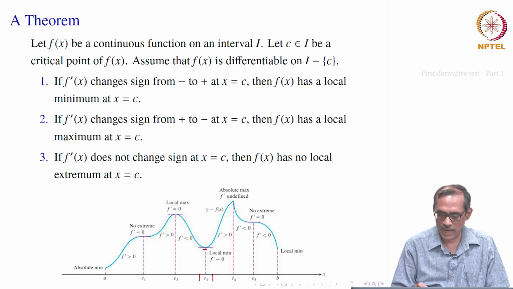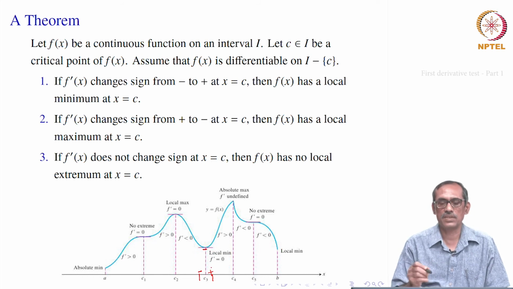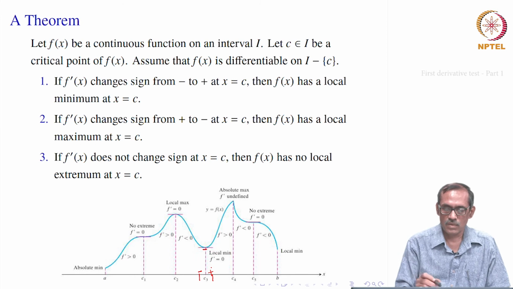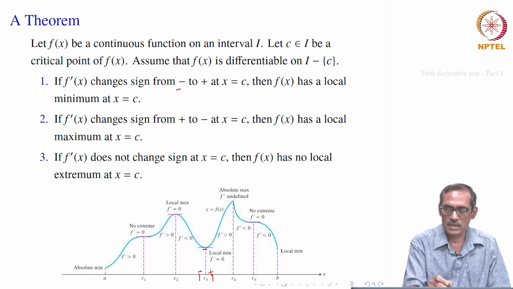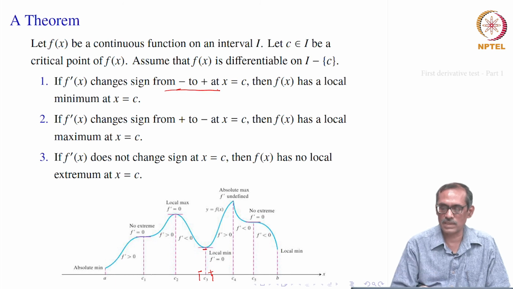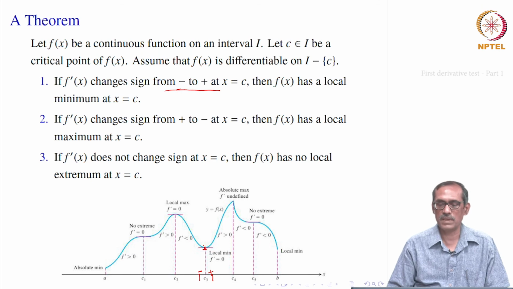So, that means f prime is changing sign from negative to positive at c. So, if that happens, look at point 1 above, f prime changes minus to plus at x equal to c, then f(x) has a local minimum. That is what we see from the picture.